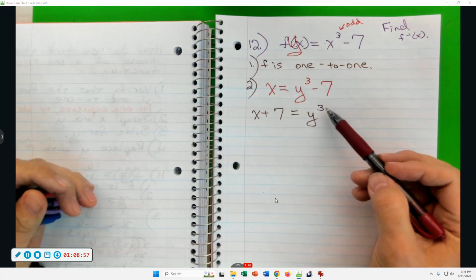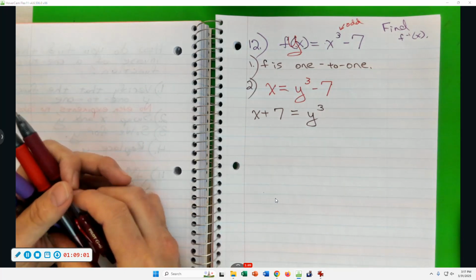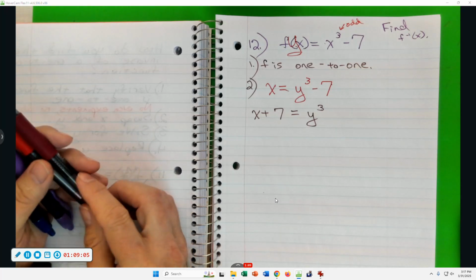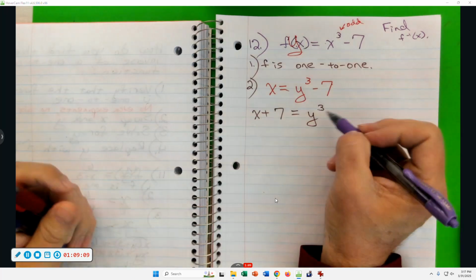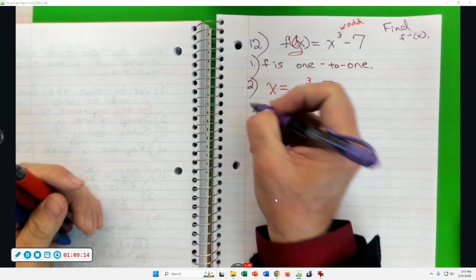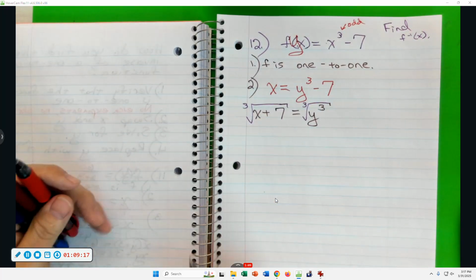Well, we have a problem with that cube. What are we going to do to get rid of that cube? Cube root. We're going to take the cube root of both sides.